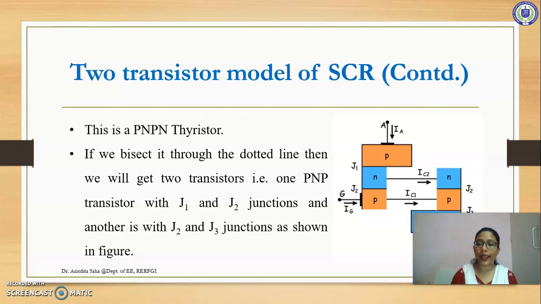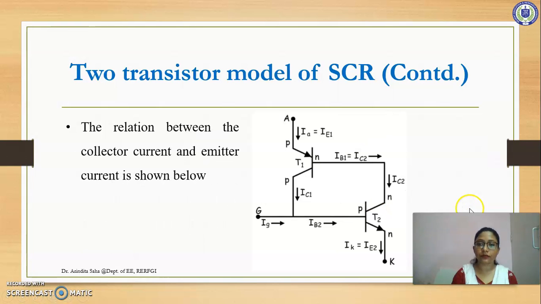These two transistors can be represented like this, where IA is the anode current, IK is the cathode current and IG is the gate current.